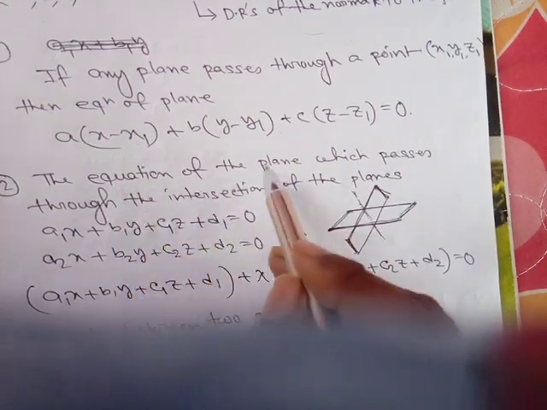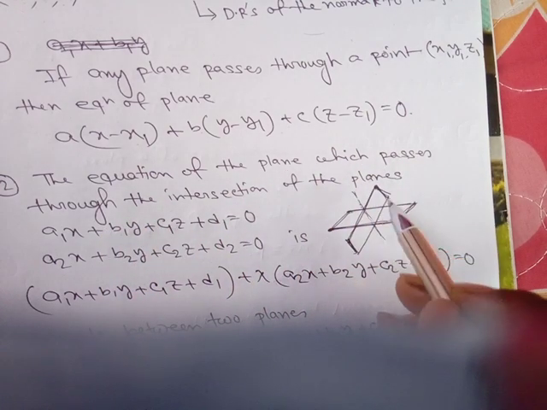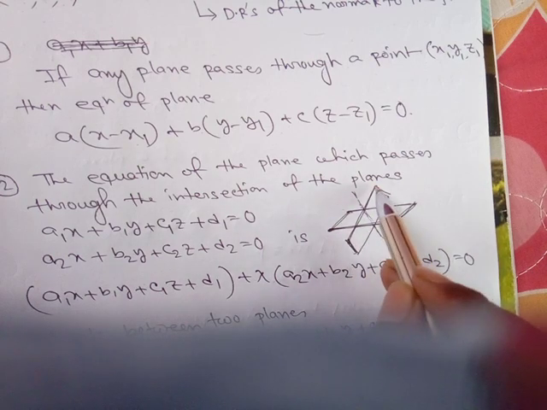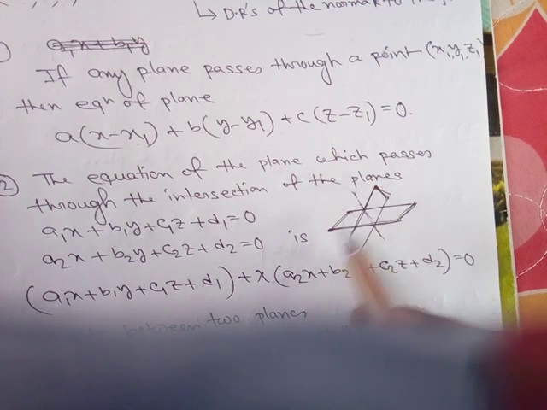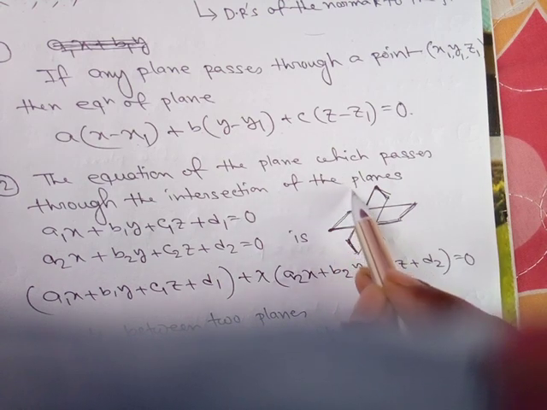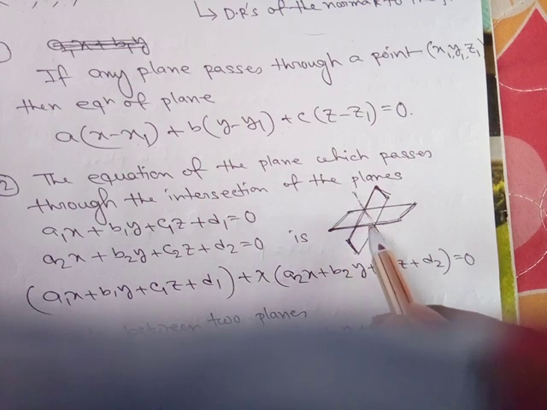Next, number 2: the equation of the plane which passes through the intersection of two planes. Suppose this is one plane and this is another plane. These two planes are intersecting each other. I have drawn a straight line here, but it is not a straight line, it is a plane.